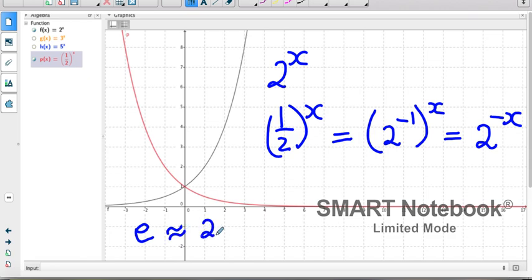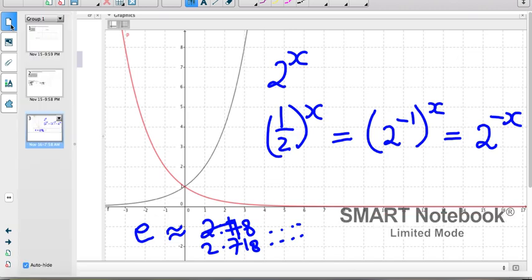The value is actually 2.178, and so on. Oh, I think I did it wrongly. It's 2.718 and so on. Anyway, we are going to use this as our base for our exponential function. So how can we actually explain this?